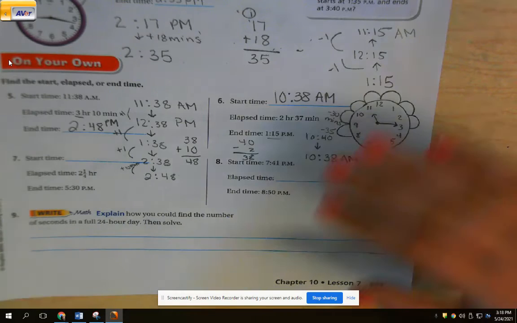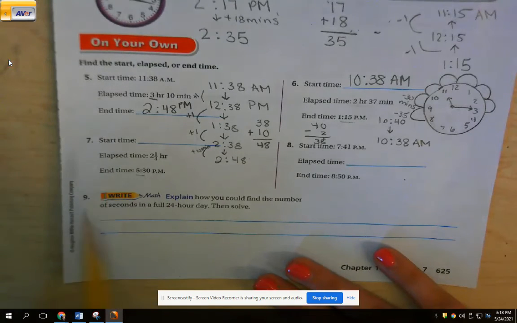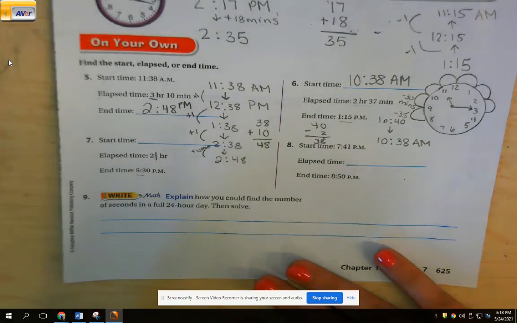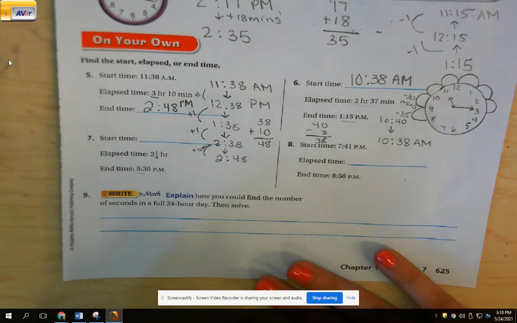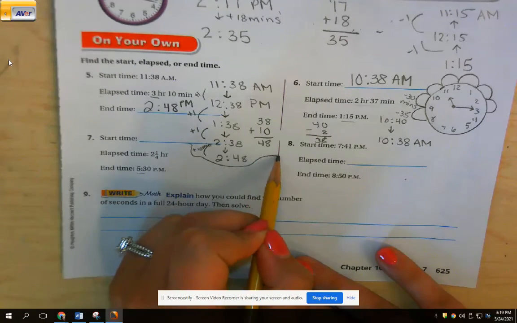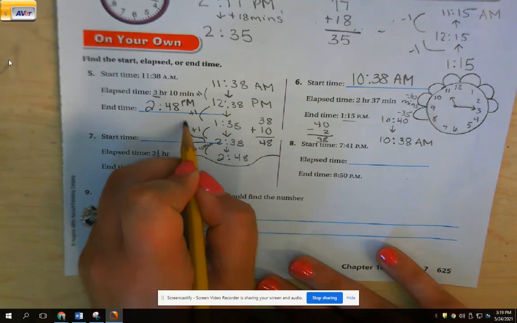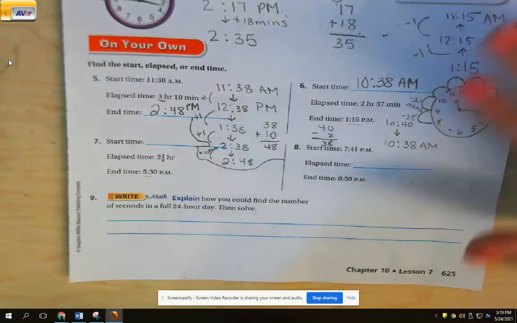Okay? Let's take a look at number 7. They give us an end time. They're asking us to find the start time. So, I know I kind of went over my space here. I'm going to draw a little separation thing to keep myself organized.